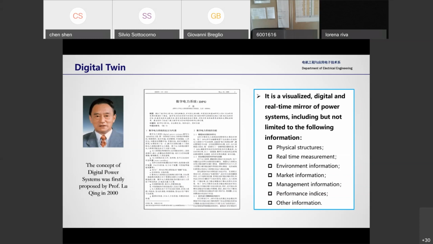If we compare the definition of digital power systems with that of digital twins, we can see they share many similarities. You can see digital power systems is actually the digital twin of power systems.